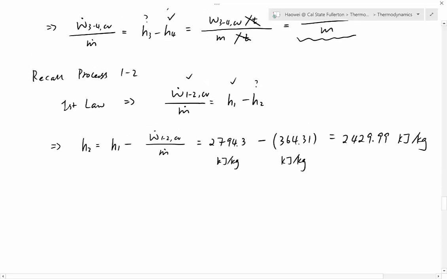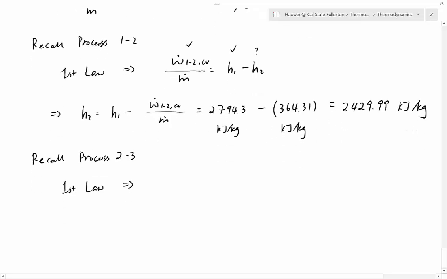And now we can find H3 from this H2. How? We can put 2 and 3 into one step. That's process 2 to 3. So we recall process 2 to 3 and we apply first law of thermodynamics again for process 2 to 3. Simplify it just like before.